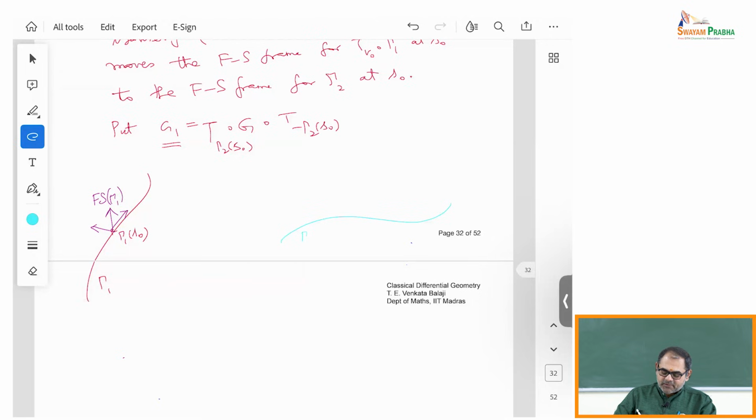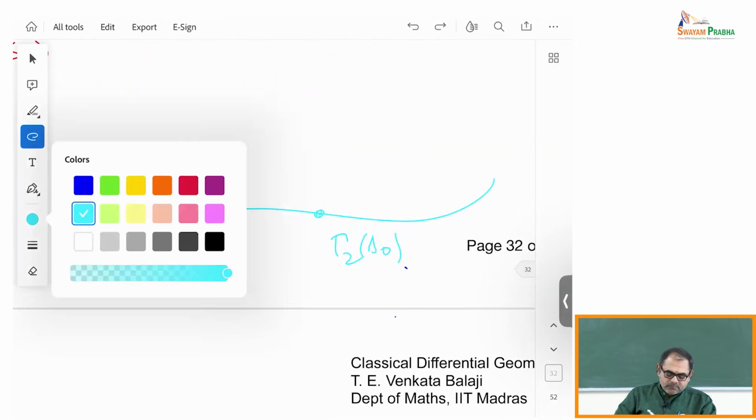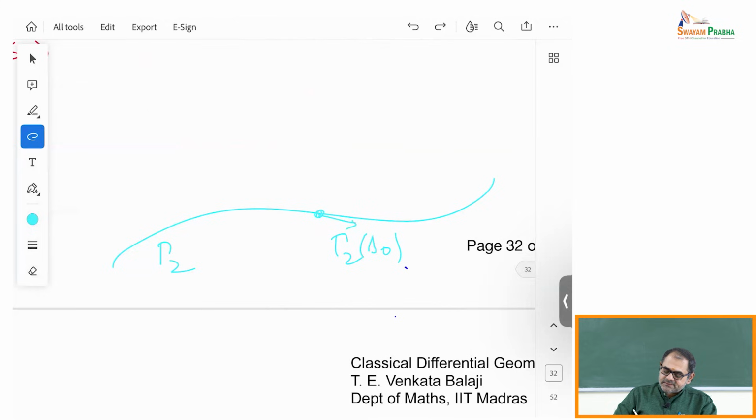This is gamma 2, and there is this gamma 2 of S naught. This gamma 2 also has a Frenet-Serret frame, which is going to be like this. This is the Frenet-Serret frame of gamma 2 at S naught.